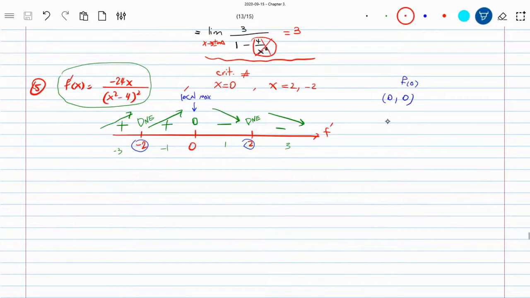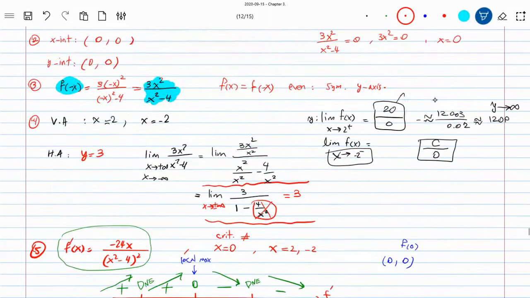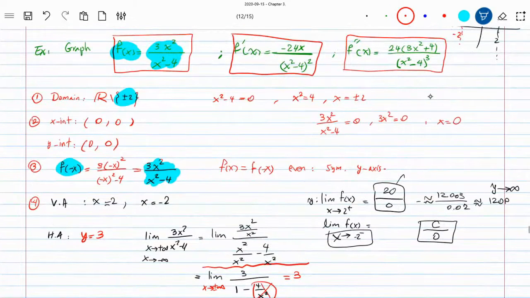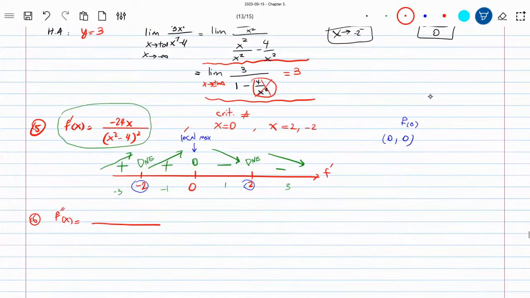Step 6 would be to look at the second derivative and find the critical number for the second derivative. So let's look at the second derivative. Second derivative is 24 times 3x squared plus 4, and the denominator is x squared minus 4 cubed.